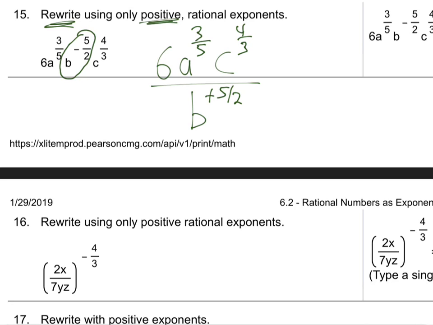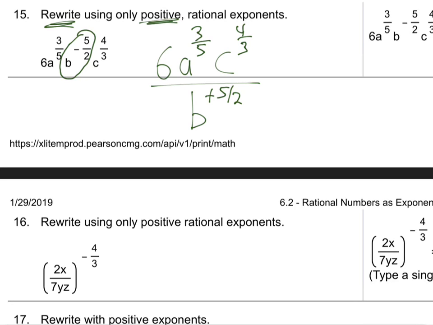How about number 16? We have a negative power on a fraction. Notice that negative 4/3, that negative power, is on the entire fraction, isn't it? It's not just on the 2 or the x or the bottom, it's on everybody. So that means it's going to make everybody switch.